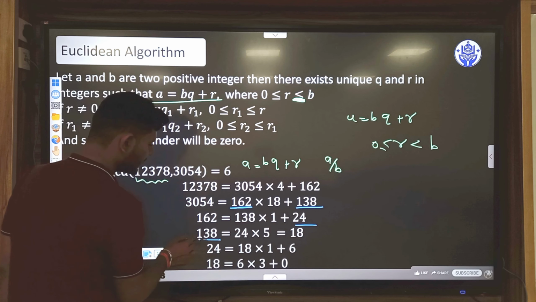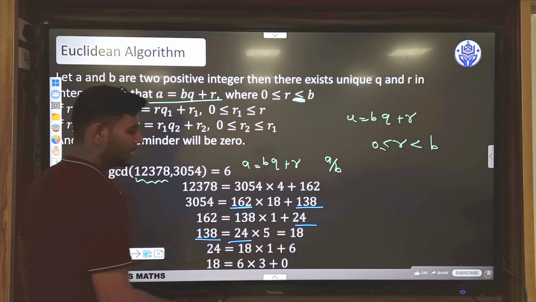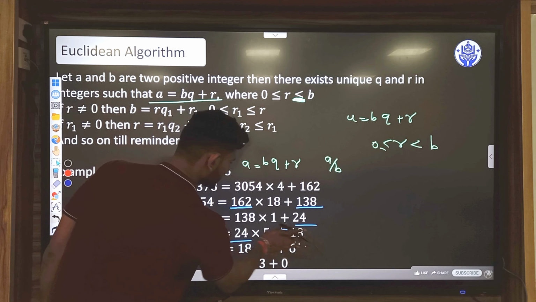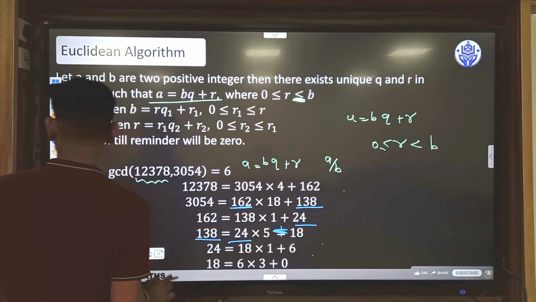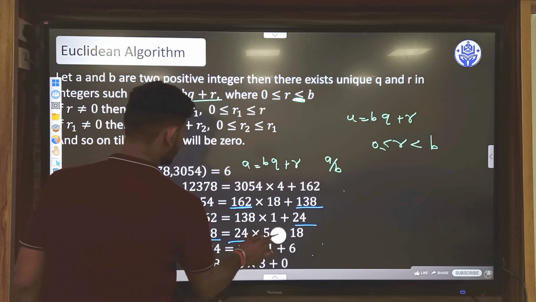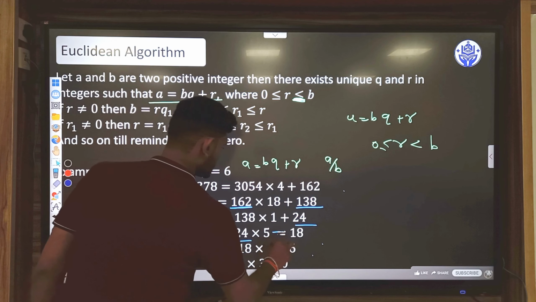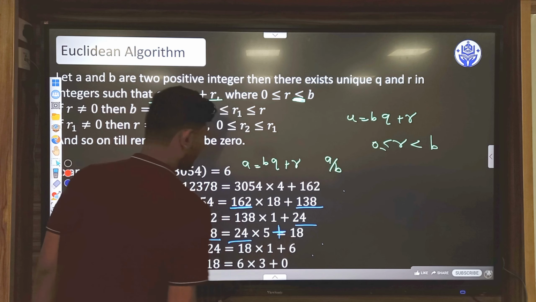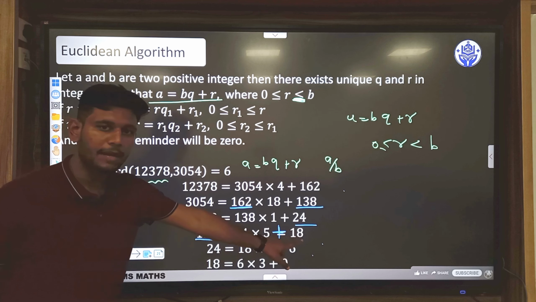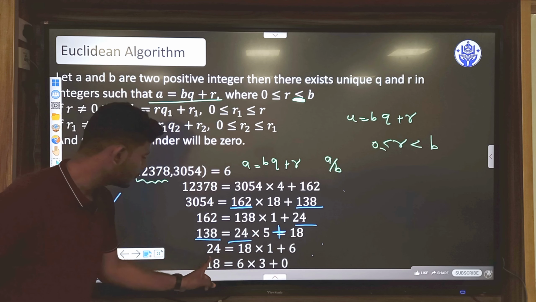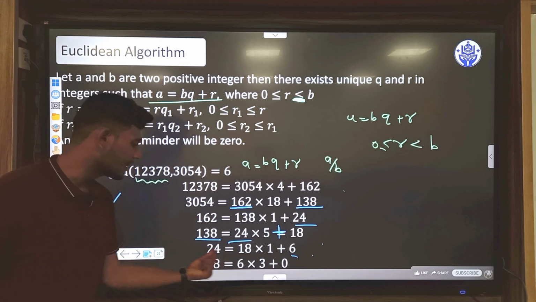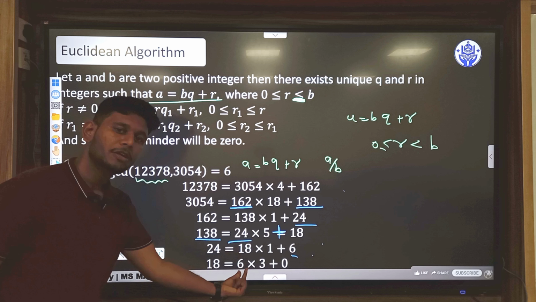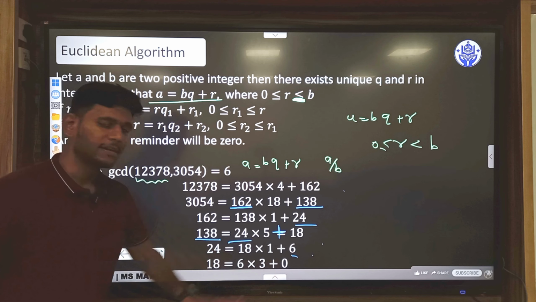If I divide 138 by 24, I get 5 times plus a remainder of 18. Now I divide 24 by 18 and get remainder 6. Again, if I divide 18 by 6, I get remainder 0.